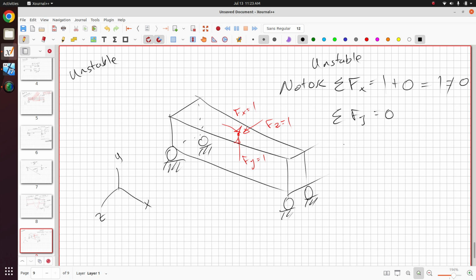And then you do the same for the other directions. So is the sum of the forces in the Y and the Z all 0? And for the Z, I believe this is not 0 also, so this is not okay. And then you do this for the moments too. Now this is a thing you do with a piece of paper and a pencil.